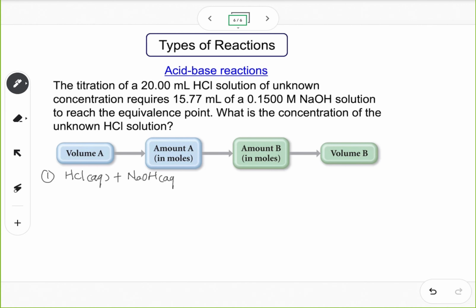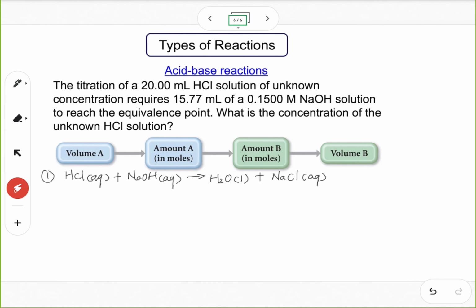Of the two products, one of them is water, we know this already. The other product would be the salt, and it's going to be sodium chloride. And this reaction, if you double check, is balanced already. So it's a 1:1 ratio between the acid and the base.